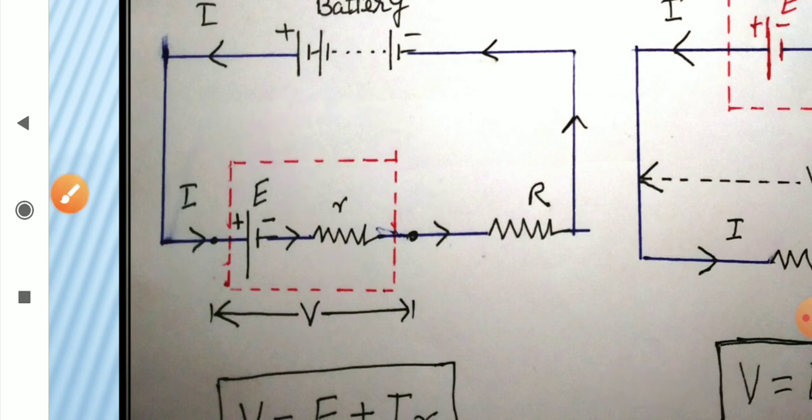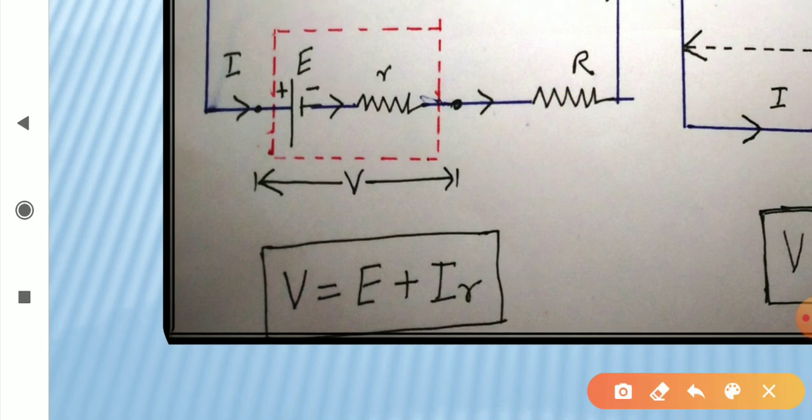So now the total potential difference becomes V is equal to the potential difference between the electrodes of a cell when it is not giving any current plus its potential difference across this internal resistance. So this E and this Ir both will add.